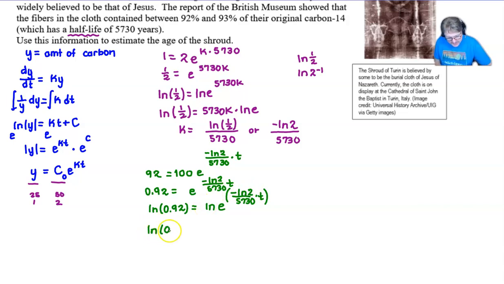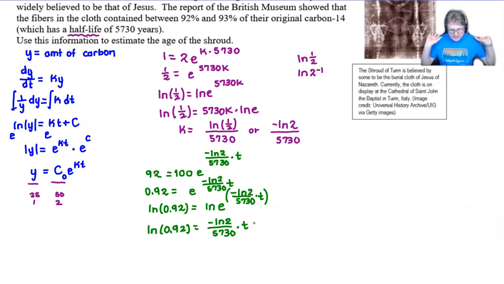And so you have ln of 0.92 on the left. You're going to have negative ln of 2 over 5730 times t on the right. And that ln of e, I'm not going to even put on paper here because we know it's going to be equivalent to 1.